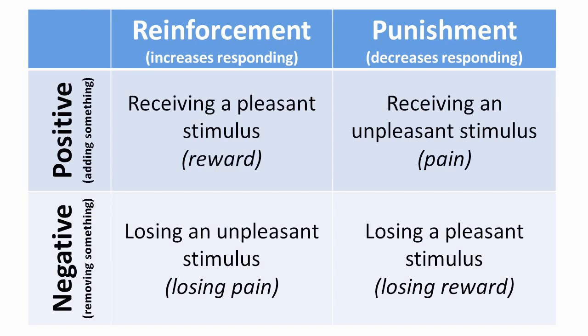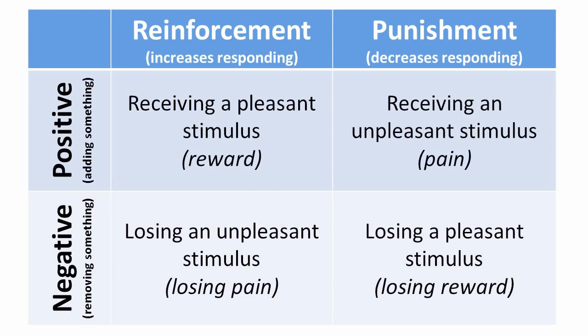So obvious examples of something like this would be, if somebody's in pain and you want them to engage in a behavior more often, you could take away that pain by giving them a painkiller or something. Or maybe if your child does really well on a test, you could get their annoying brother to leave them alone for the rest of the day. You're just getting rid of that unpleasant stimulus to try to increase a behavioral response.